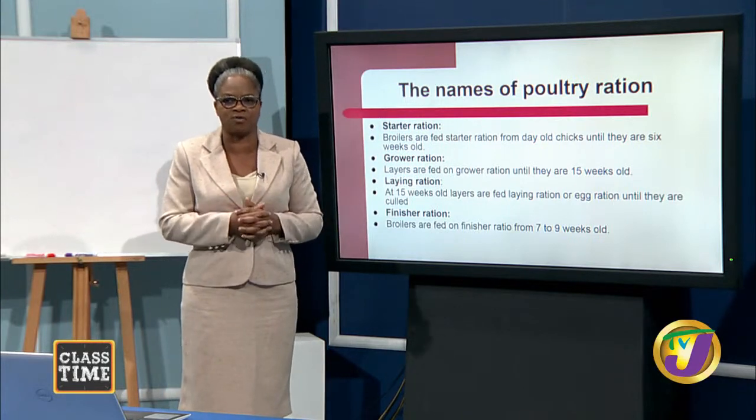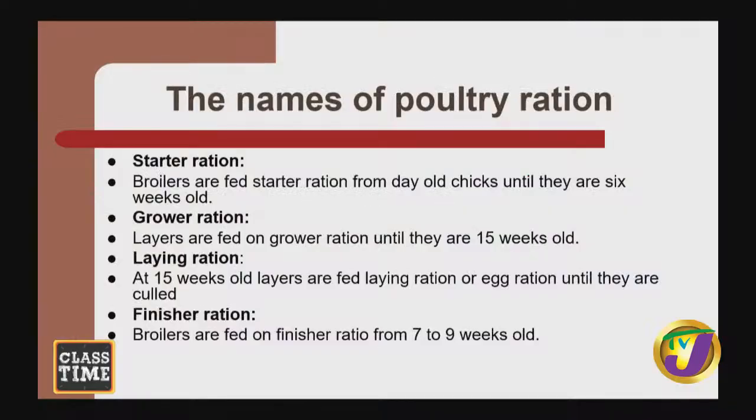So we have the starter ration. The starter ration is given to broilers from their day-old chicks until they are 6 weeks old. Good? Pay attention to that, students. The grower ration, on the other hand, is given to layers until they are 15 weeks old. And the laying ration is given to layers when they are 15 weeks old and right up until when we cull them.